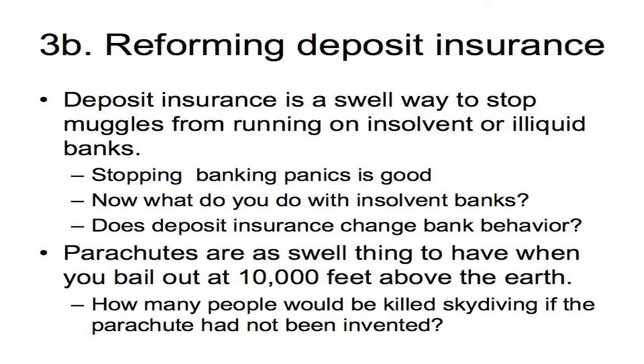Hey, why don't we provide flood insurance for people who build houses right up to the water's edge? Then they won't get frightened and panicked when a hurricane comes, will they? That's swell. That solved the problem. Muggles think so.